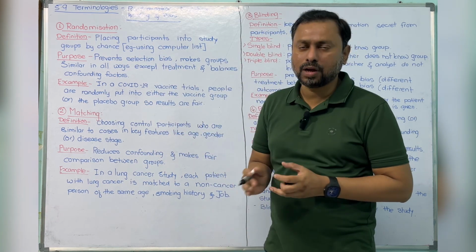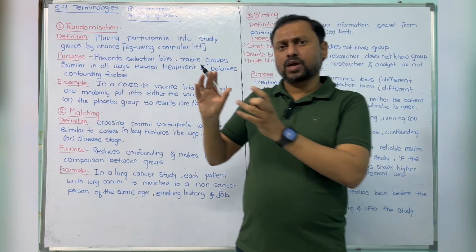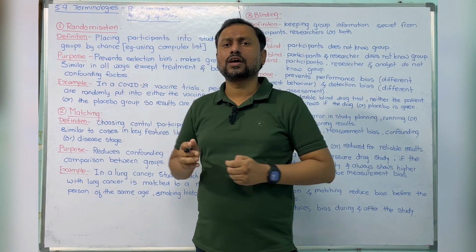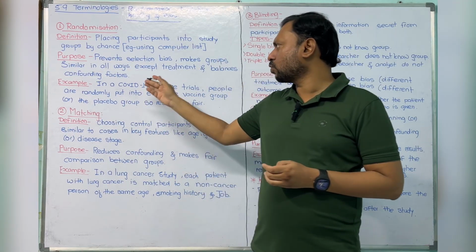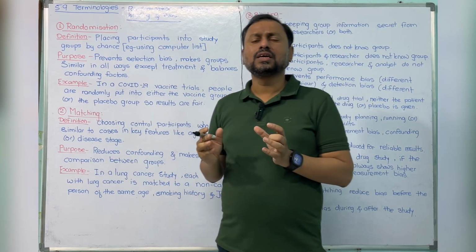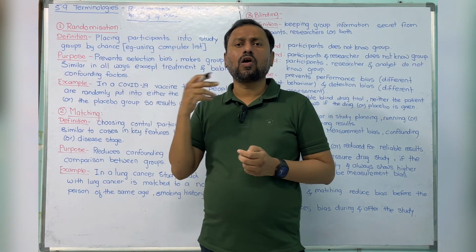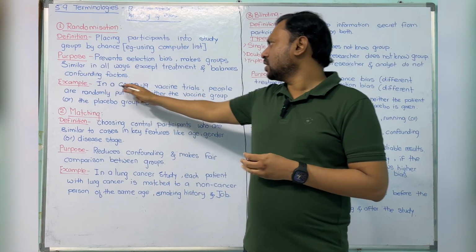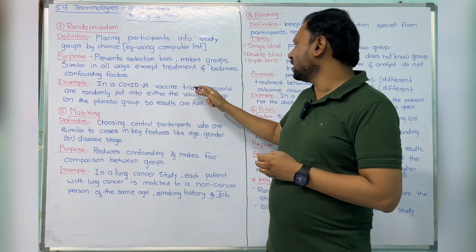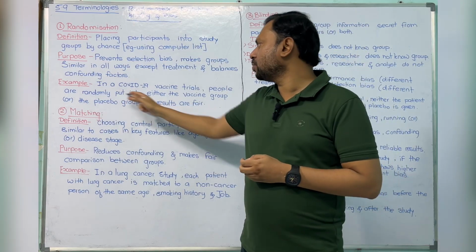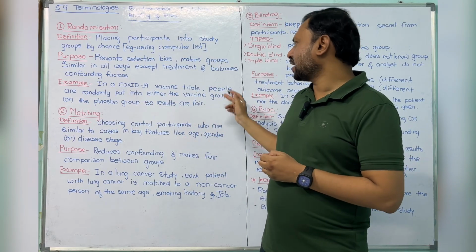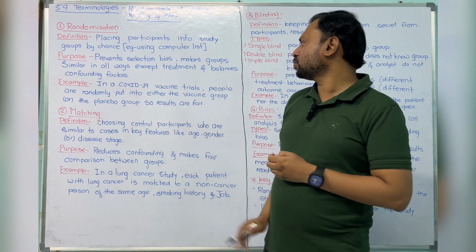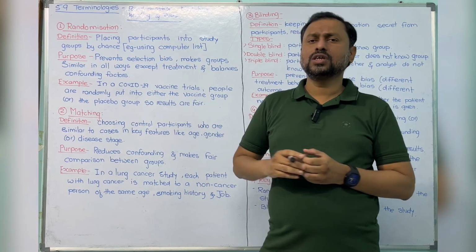Now the example: whenever pharmaceutical companies prepared the COVID-19 vaccine trials, they allocated their participants randomly. The people are randomly put either in the vaccine group or in the placebo group, so that the result should be fair.